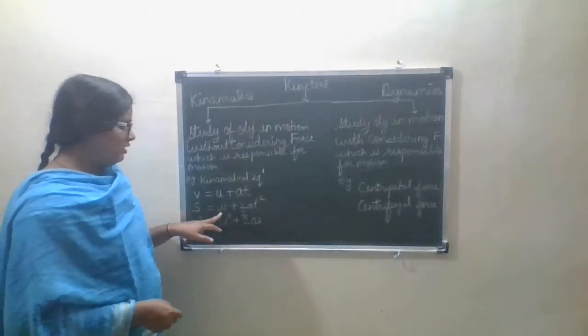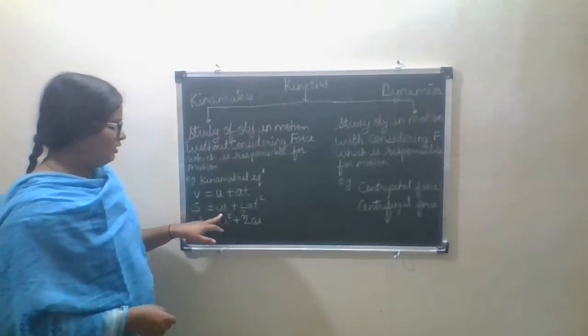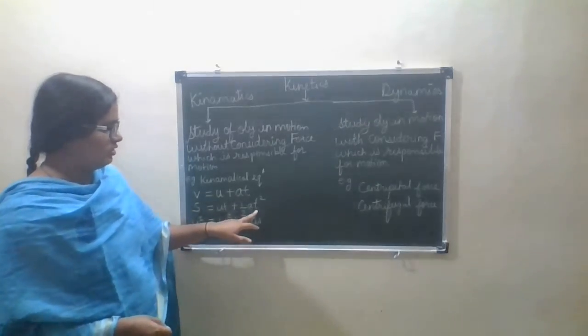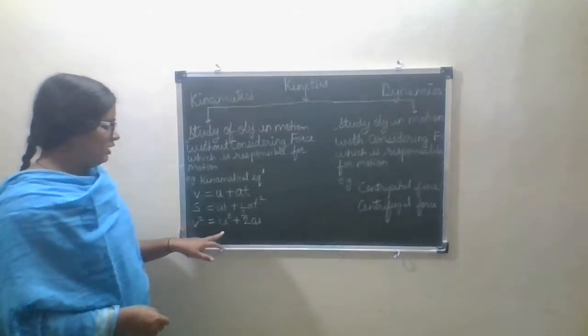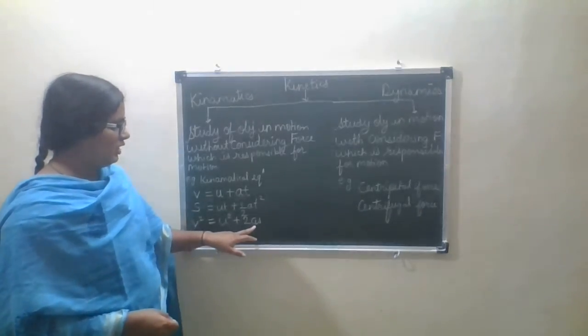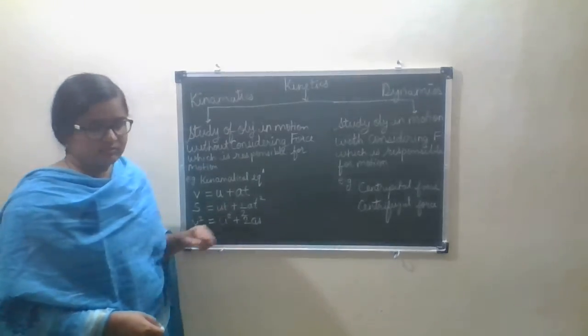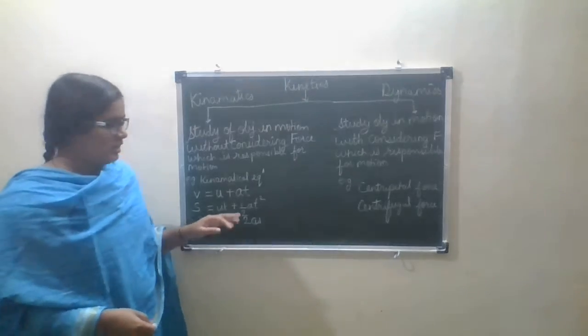u is again the initial velocity, and t is the time period, and a is the acceleration, and again v is the final velocity, and s is the displacement.